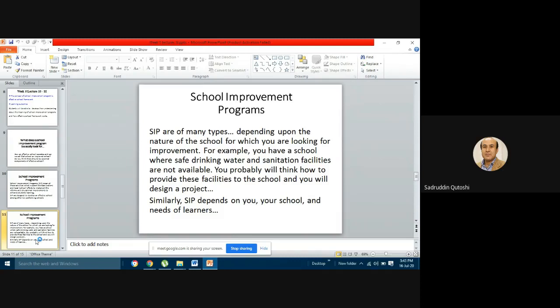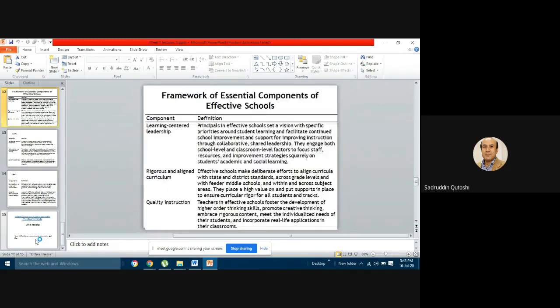Now, let us look at the framework of the essential components of the effective school. What is this framework?